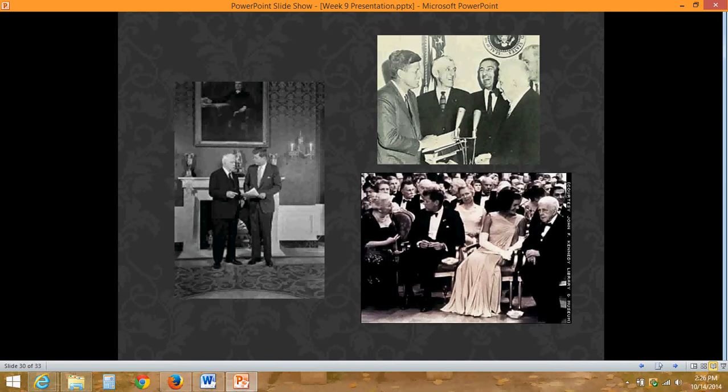Here we have him, just a few years before he died, with President John F. Kennedy. He basically read a poem at the inauguration of JFK, which was a new thing to happen. We know now that presidents later on have done the same thing, had poets read at their inauguration.